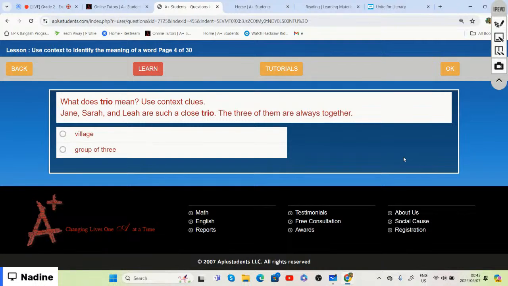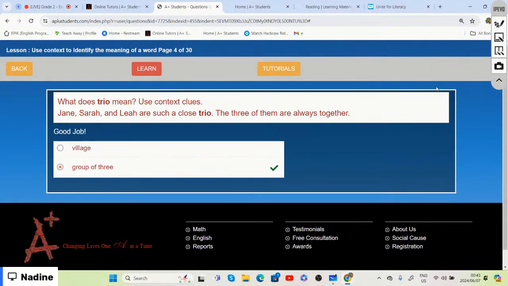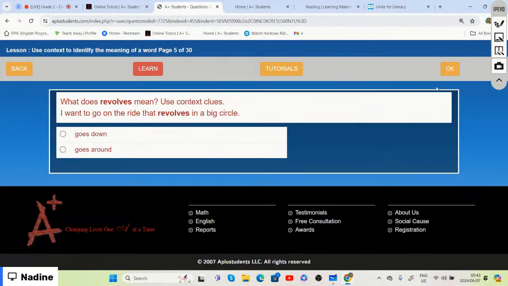So Jane, Sarah, and Leah, we say that they're a close trio, and trio means a group of three, like the word three stands inside of that word.